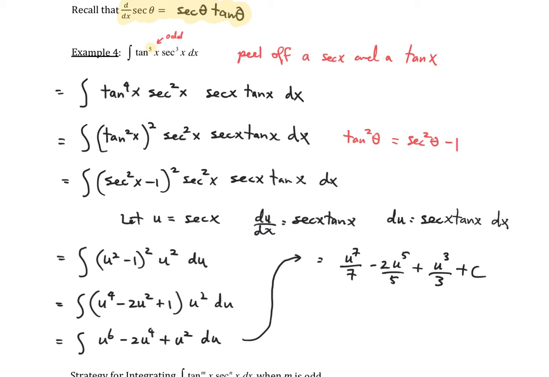So we really need to change our integral back to being in terms of x. So we just sub the u back, and we're going to get secant to the seventh x over 7 minus 2/5 secant to the fifth x plus 1/3 secant cubed x plus c. That's our final answer. Let's highlight this guy.